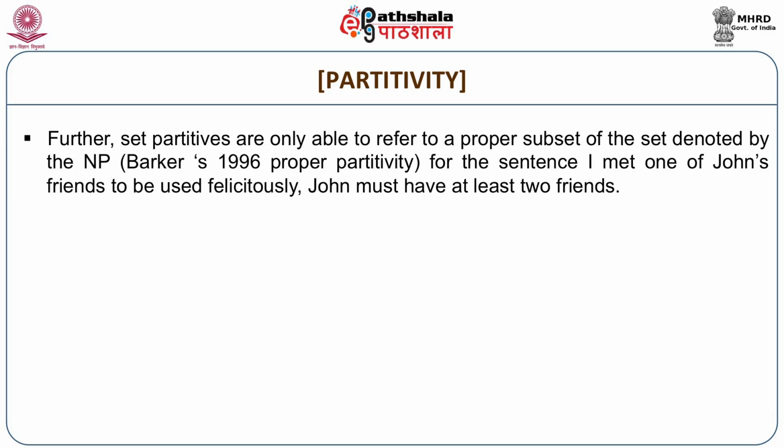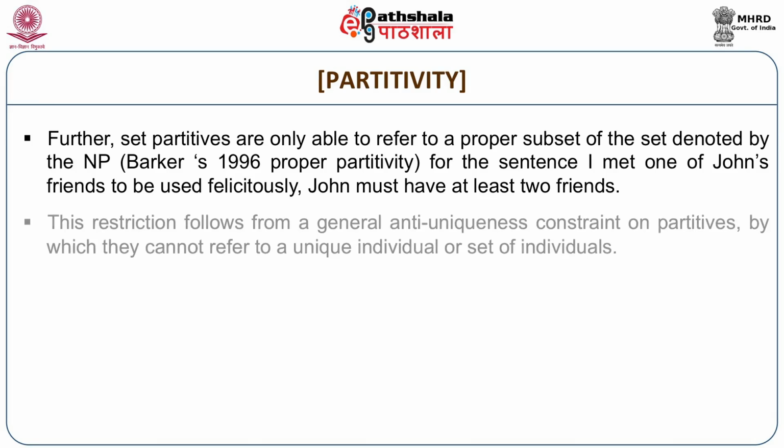For example, in the sentence, I met one of John's friends, to be used felicitously, John must have two friends. This constraint follows from a general anti-uniqueness restriction on partitives, by which they cannot refer to a unique individual or set of individuals.